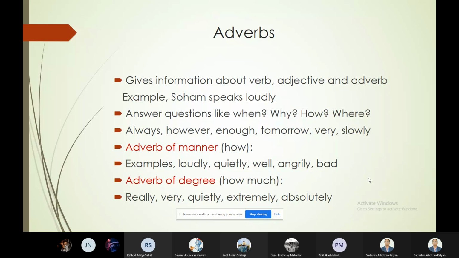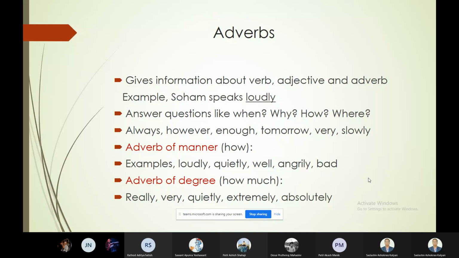Adverb of manner, in short, speaks about how he speaks. He speaks loudly. How does he speak? He speaks slowly. Examples like loudly, quietly, well, angrily, badly are trying to suggest to us one kind of manner, and that is how.